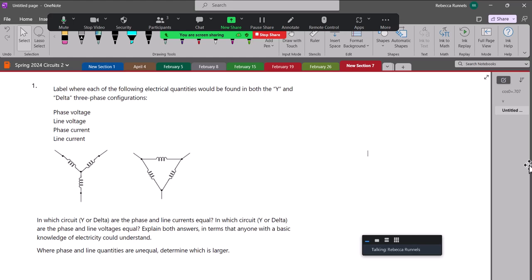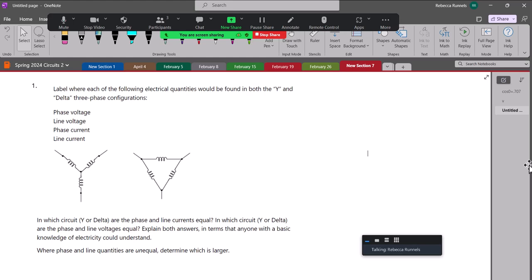One of these is Y, so I guess we should start with that. One of these is Y, also called star, if you ever hear star. And which one is called pi? This one.